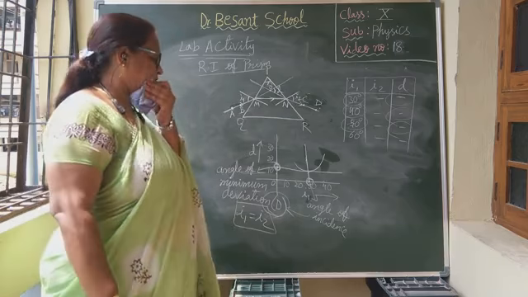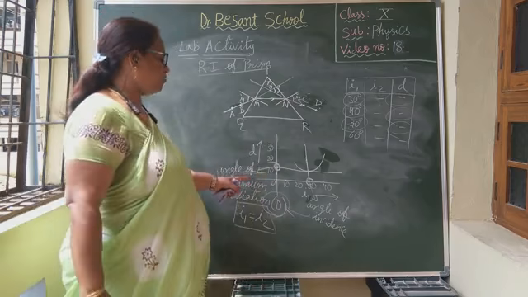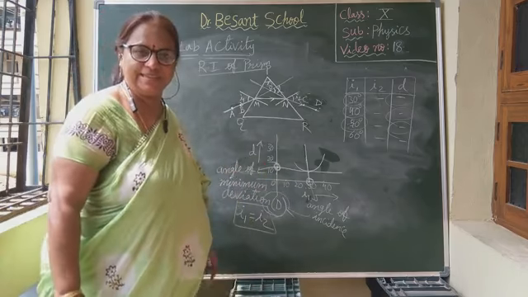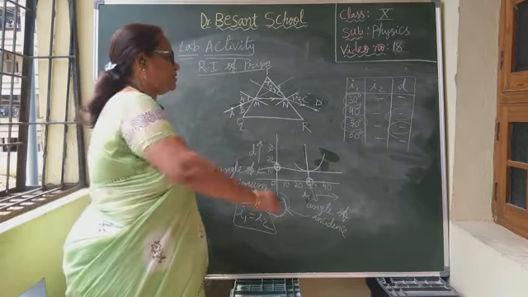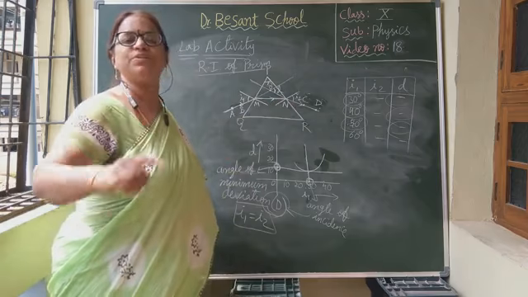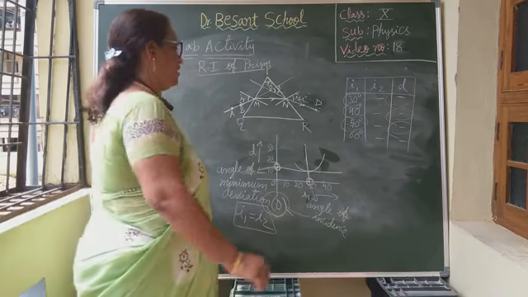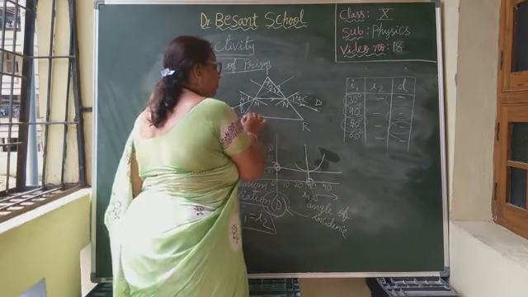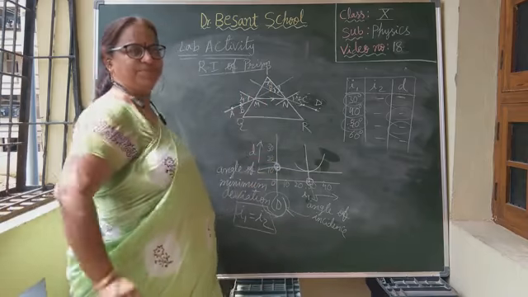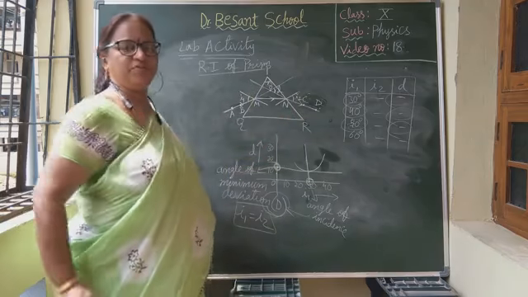As I told, at 30 degrees angle of incidence, I got angle of minimum deviation 15 degrees. Then what will be the angle of emergence? It will also be 30 degrees, because at this angle of minimum deviation, the refracted ray will be exactly parallel to the base of the prism.